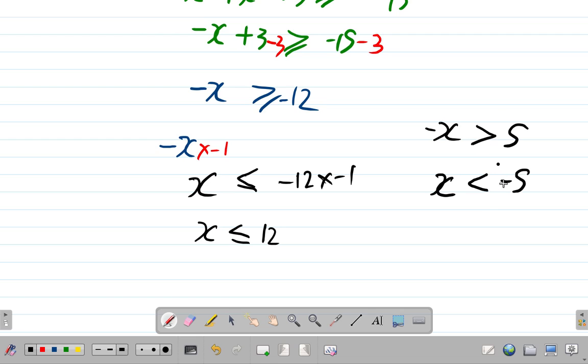The 5 becomes negative because when you change the sign of x, you're multiplying by a negative 1. So it's negative x times negative 1 gives you positive x. But if you multiply the left hand side by a number, you must multiply the right hand side by the same number. Now, how does this make any sense in reality?